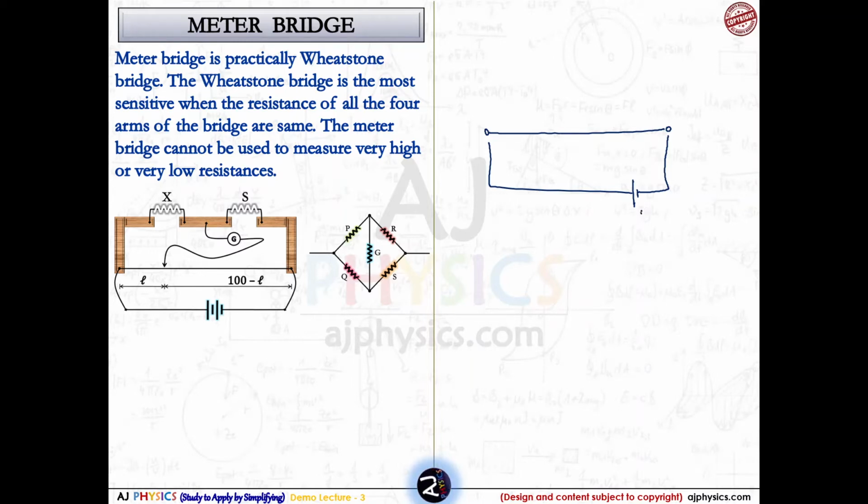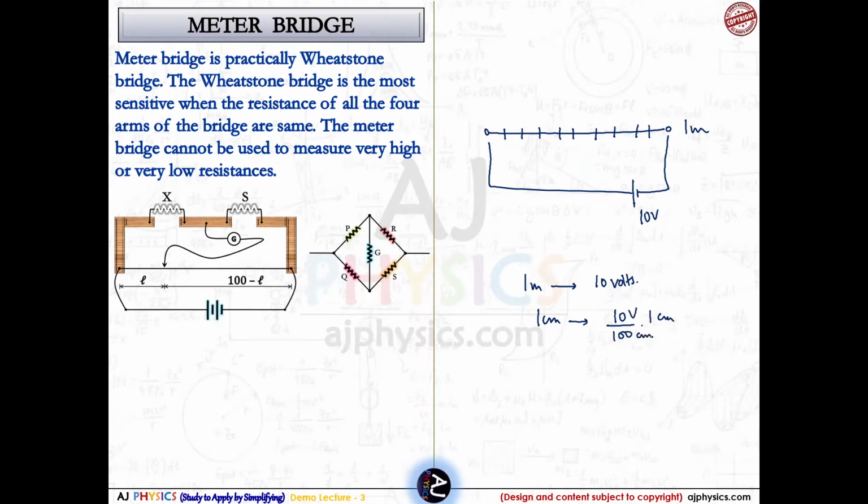So if this is like 10 volts which is divided in 1 meter, so if you have 10 divisions, in 1 meter it's like 10 volts. So what will be the voltage in 1 centimeter? That will be 10 divided by 100 centimeter multiplied by 1 centimeter.